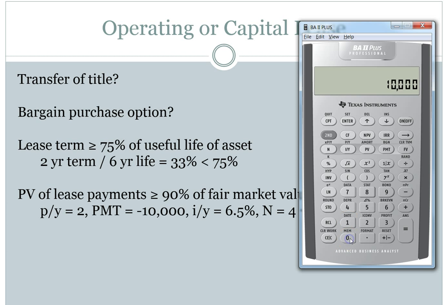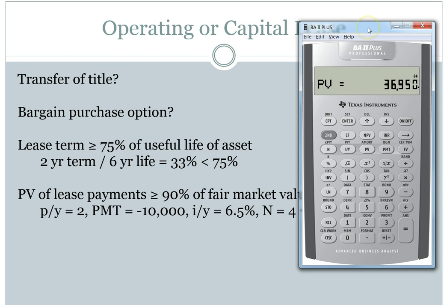So my payments are $10,000 each, and remember I insert cash outflows as negatives. I'm going to be making 4 of those payments, and my interest rate per year is 6.5%. So I type in 6.5, interest rate per year, and then I can compute the present value, and we see that the present value is $36,950.